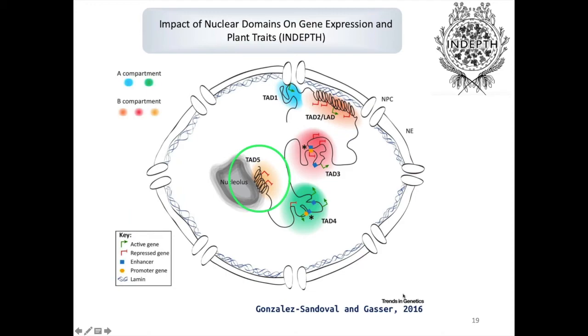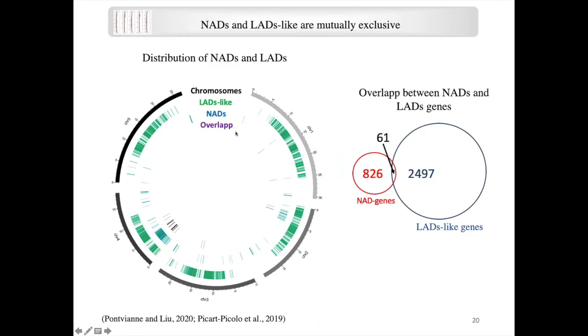If we come back to our global genome organization, we have chromatin domains with heterochromatic features at the nucleolus periphery, as well as at the nuclear periphery. If you combine both to see the overlap between them, there is very little overlap between NAD genes and genes in LADs, the lamina-associated domains at the nuclear periphery.